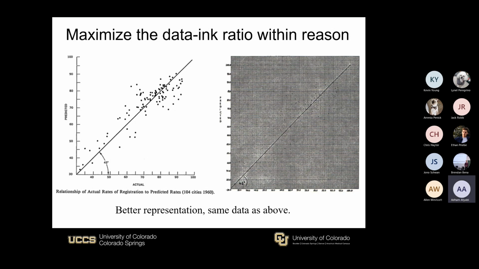What we want to do is to maximize the data ink ratio within reason. Every bit of ink on a graph requires a reason, and nearly always that reason should be that the ink presents new information. So the principle has a great many consequences for graphical editing and design.